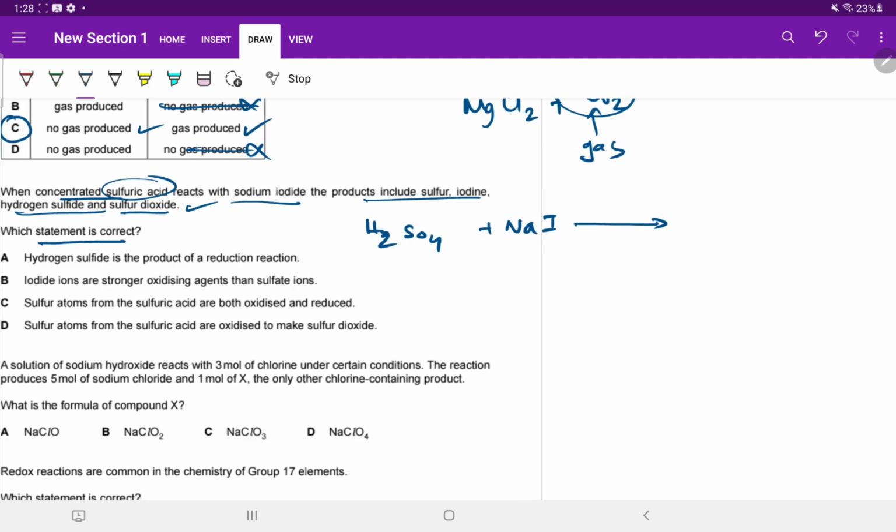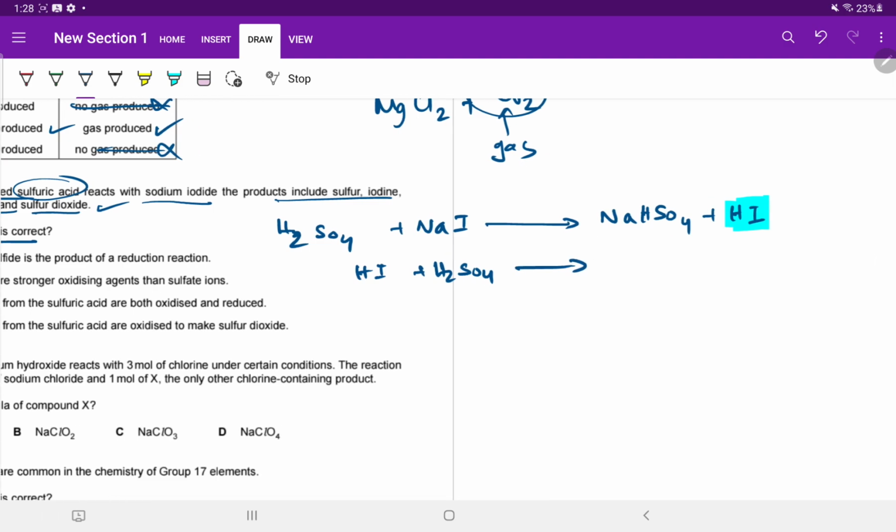So we know at first these will form NaHSO4 plus HI. Now this HI, which is produced in this reaction, will further react with sulfuric acid, and this will produce many different kinds of products. I'm not showing all the equations because there are a series of equations which need to be balanced out, so I'll be showing the final balanced equation for this reaction.